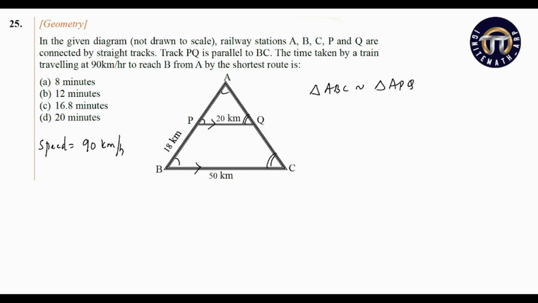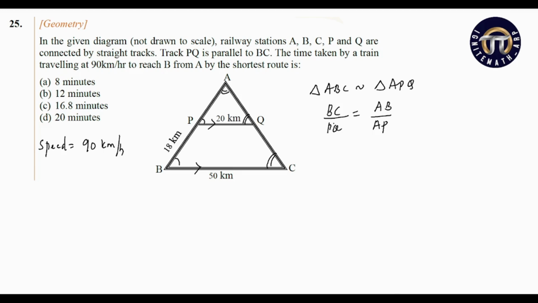You can even take angle A, which is a common angle. So I will write the corresponding sides as BC by PQ is equal to AB by AP. Corresponding sides of similar triangles are proportional.